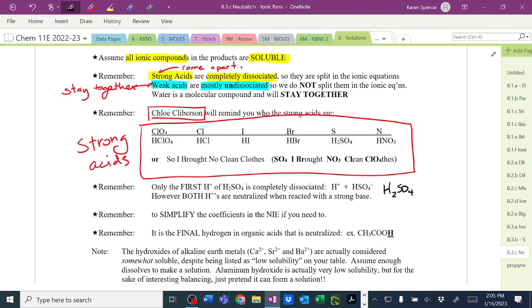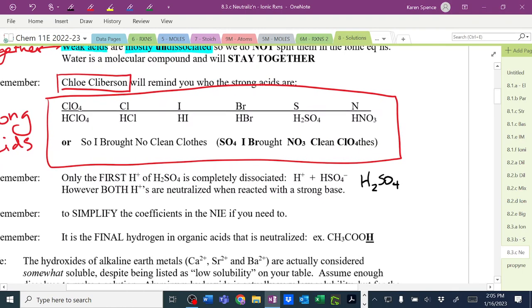Two H's and SO4 2 minus. But no, it dissociates. Only one of the hydrogens comes off. Okay, so just one of them is good. I know. And it's because H2SO4 is a strong acid.